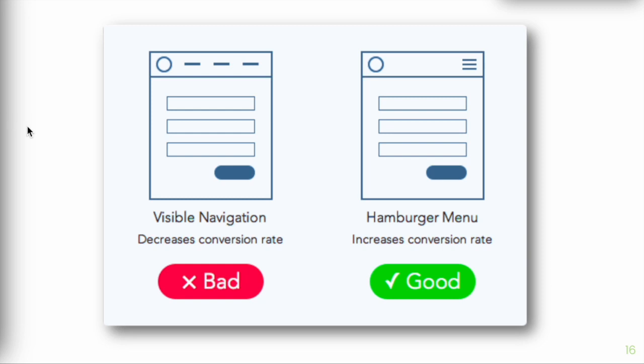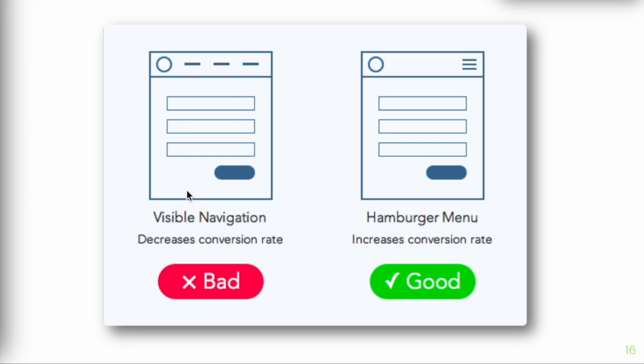So now that what's in is mobile applications, there are also bad navigation and good navigation, or even how the menu is presented or how the UI is presented using a mobile user interface. So you have here a comparison between visible navigation and the hamburger menu.